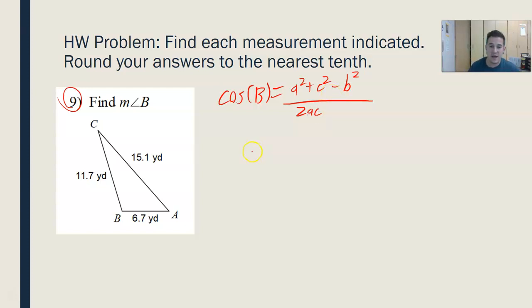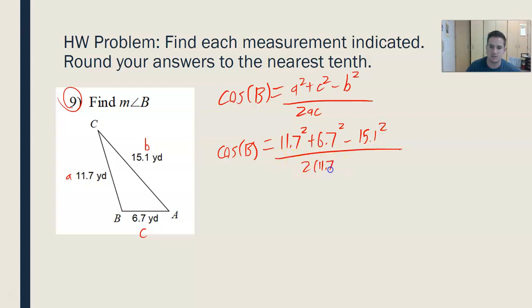Yes. Okay. So cosine of B then is going to be equal to, this is a, b, c, 11.7 squared plus 6.7 squared minus 15.1 squared divided by 2 times 11.7 times 6.7.